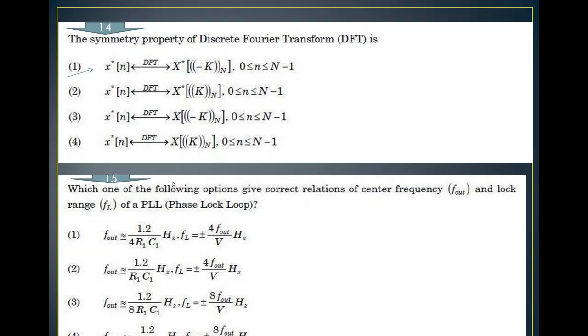And next question, which one of the following options gives the correct relation of the center frequency f out and lock range f of L of PLL phase lock loop? And the correct option, option number 4, f out nearly equal to 1.2 upon 4 R1 C1 Hz, and f of L is equal to plus minus 8 f out upon V Hertz.